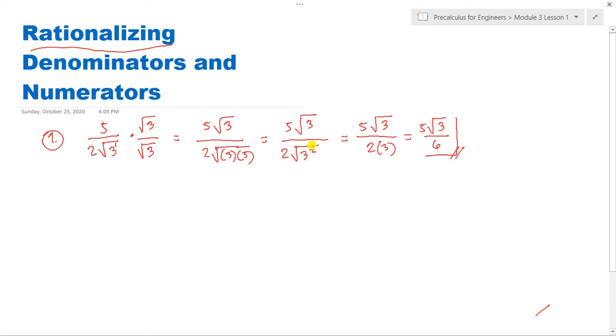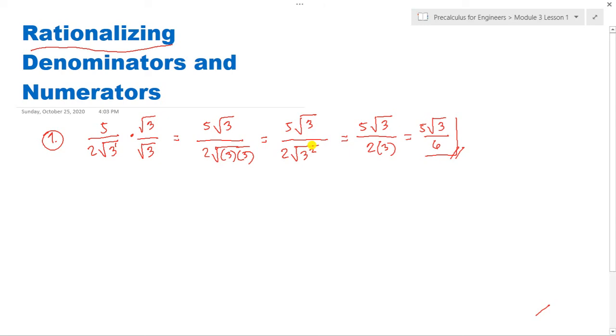Given that, class, it is common when rationalizing to rationalize the denominator. In mathematics, as much as possible, you have no radical sign in the denominator.